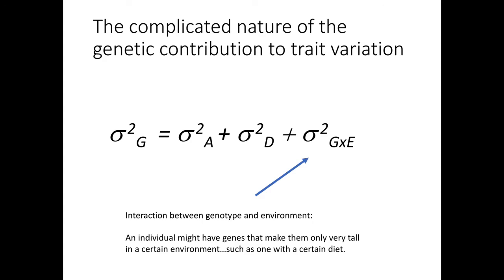It's not like everybody is uniformly affected by the environment the same way. There are some people that smoke cigarettes and don't get lung cancer because they may have a certain genotype that makes them less likely to get lung cancer. But the same environment of smoke might cause someone else to get lung cancer. So an individual might have genes that make them, for example, very tall only in certain environments, such as one with a certain diet. And so one needs to consider those types of interactions as part of this contribution to phenotypic variation.